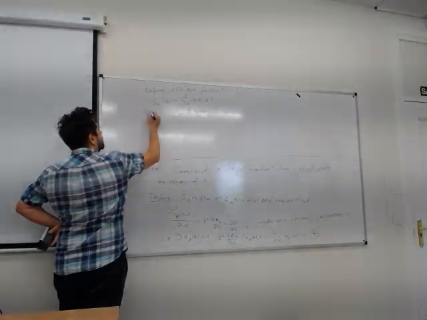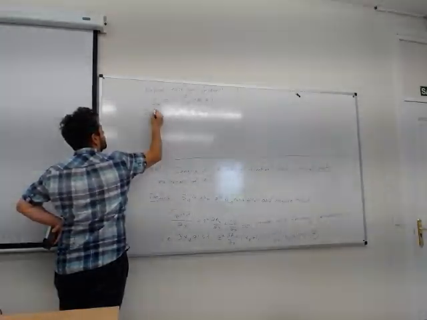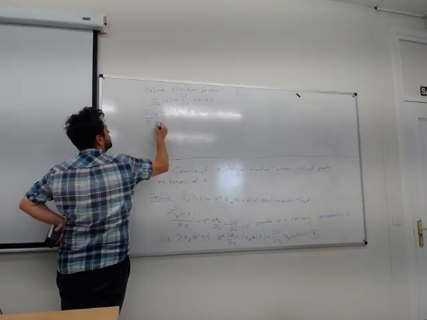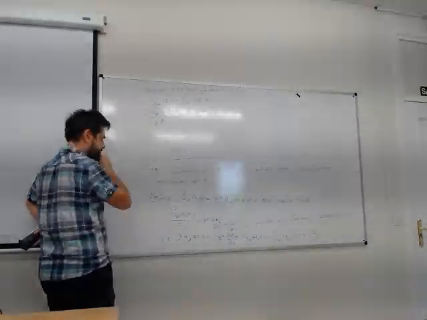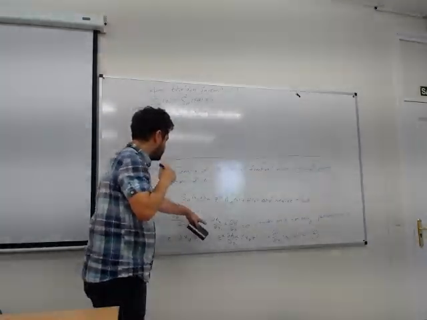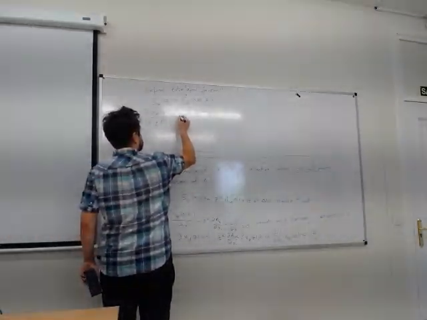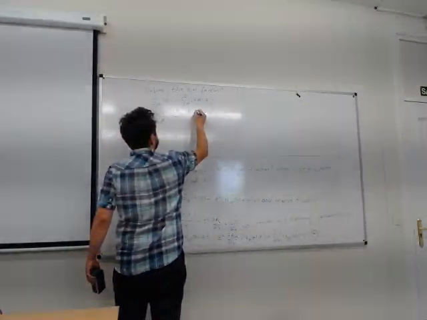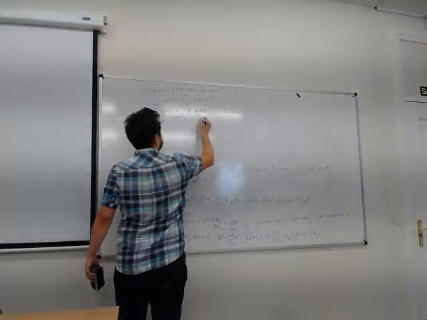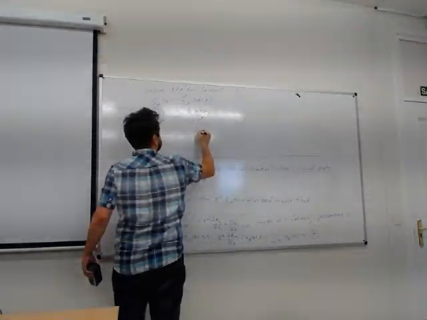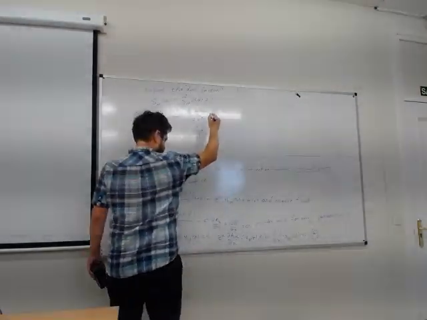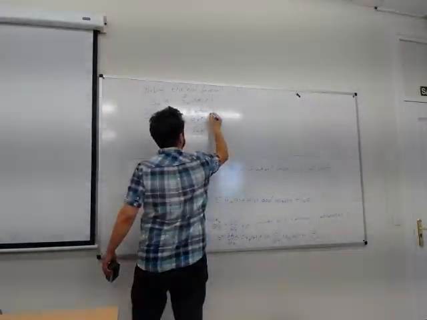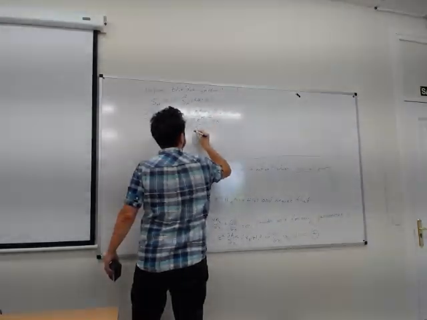Namely, what happens? I take dS_h over dz_beta. Okay, so it comes out something like this: dz_alpha dz_beta, which is delta alpha beta, a_alpha d_alpha dxi.